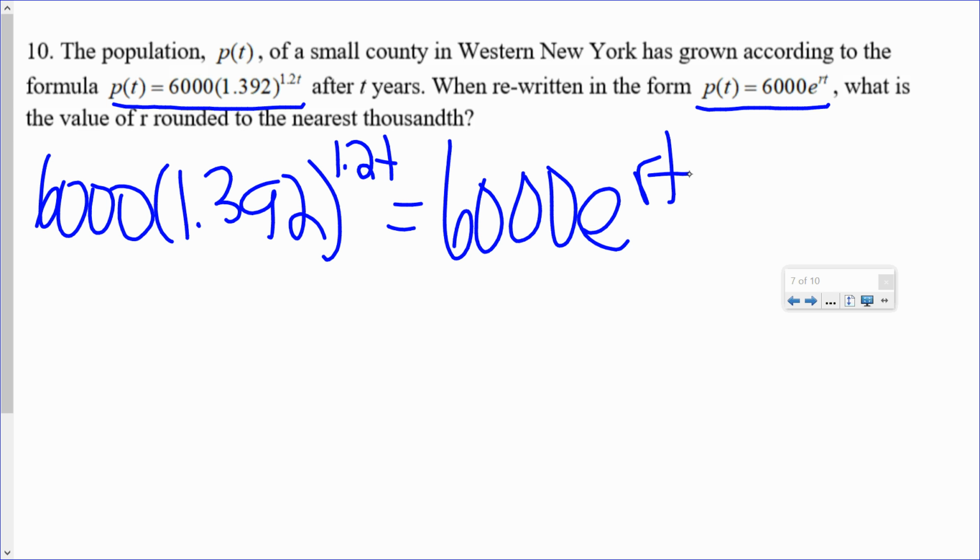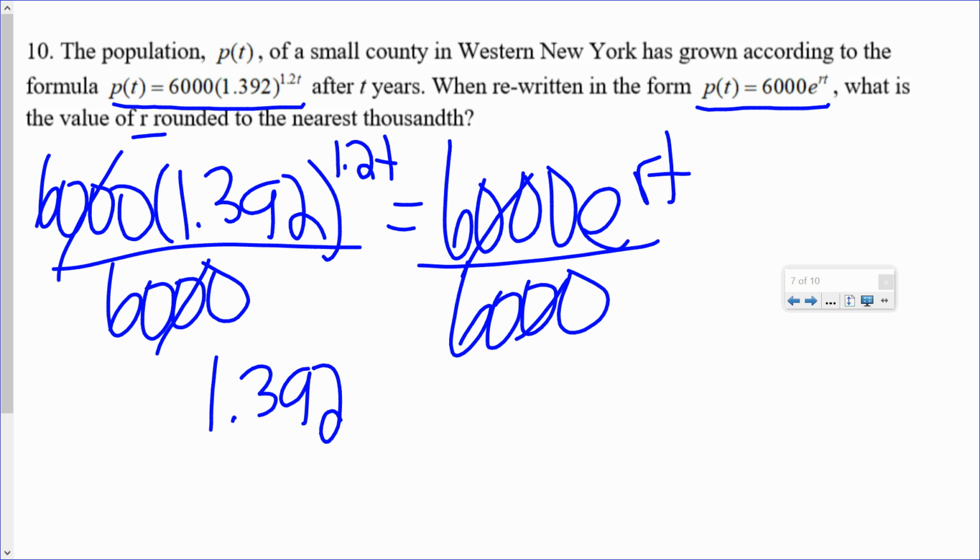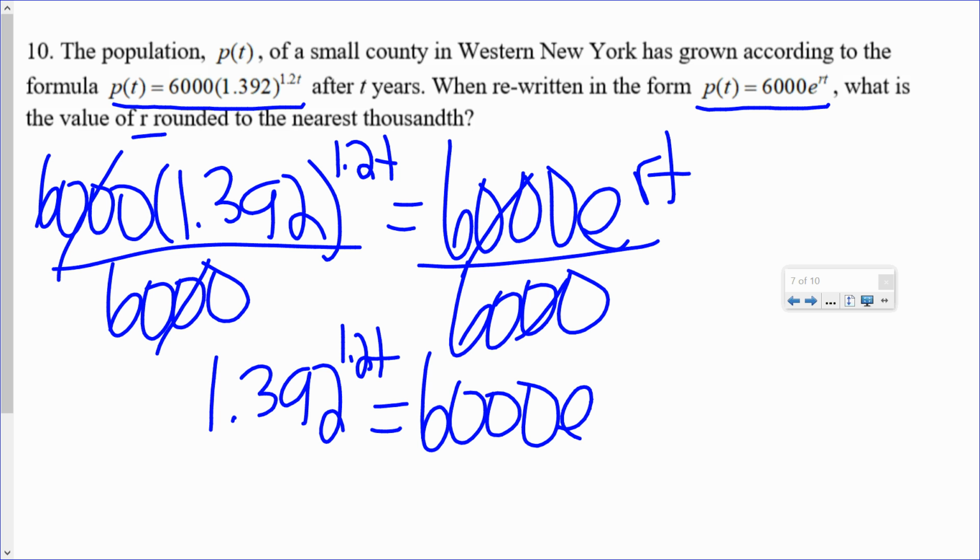So it wants me to solve for r. The first thing I'm going to do here is divide 6,000 on both sides, and that's gone. So I get 1.392 to the 1.2t equals 6,000 e to the rt.